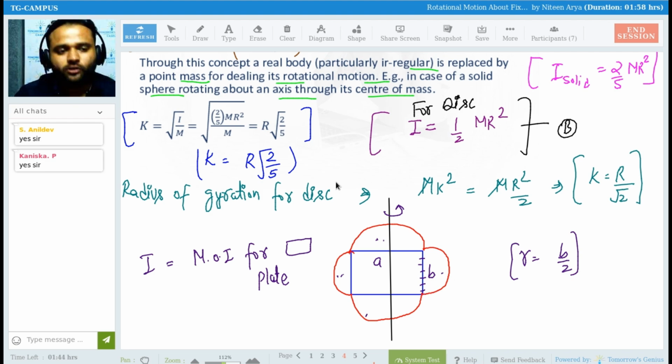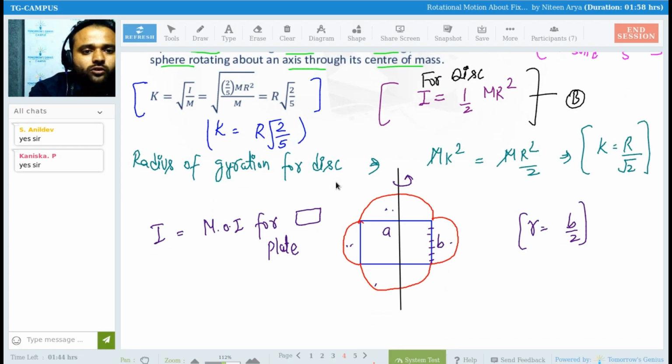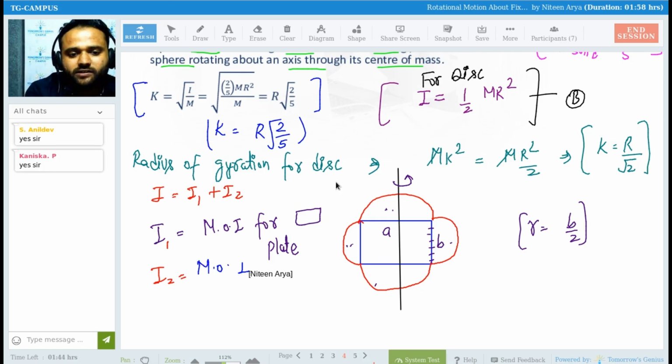So the radius of the hemisphere is going to be b by 2. So this is going to be I1, and I is going to be I1 plus I2, where I2 is the moment of inertia for the hemisphere, right?